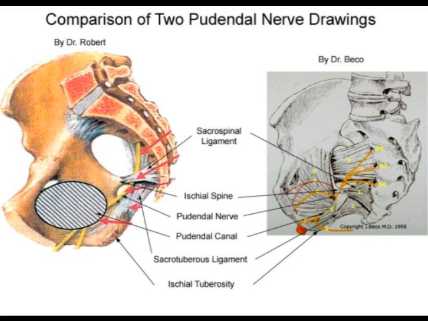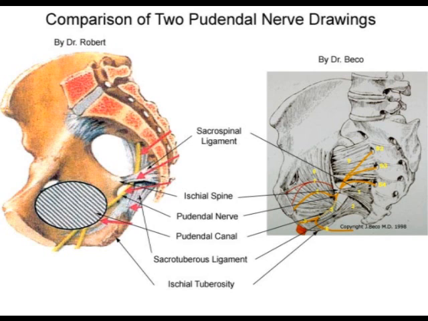Okay, here's just another drawing showing comparisons of the pudendal nerve and its branches, actually done by two pudendal nerve surgeons, Dr. Robert and Dr. Vico. You can see the ischial spine, which is right where the sacrospinous ligament attaches to, and also where you can see the pudendal nerve runs underneath that area.